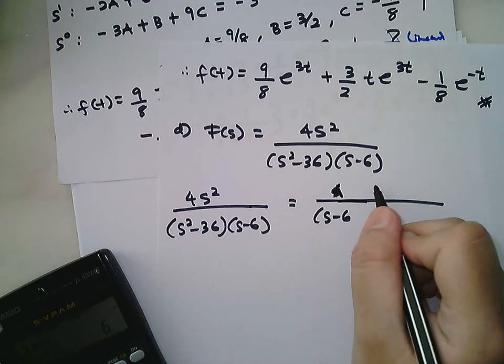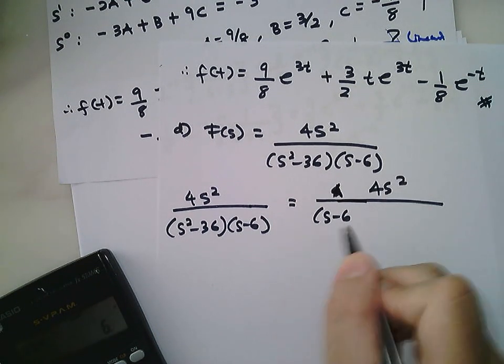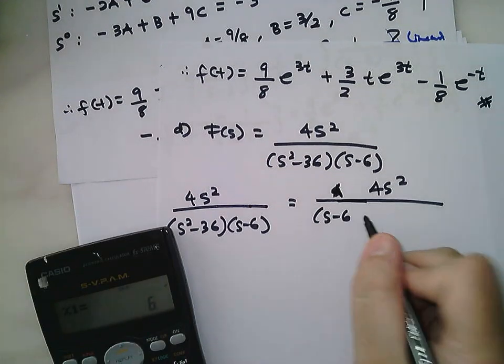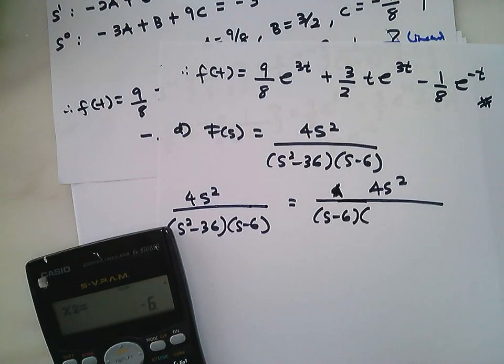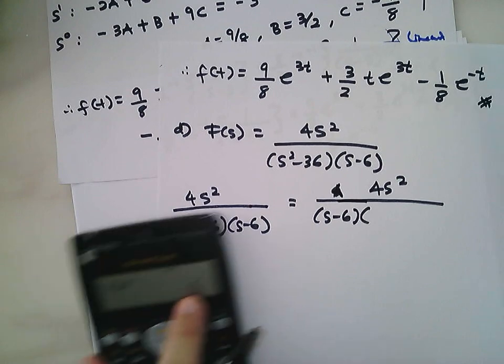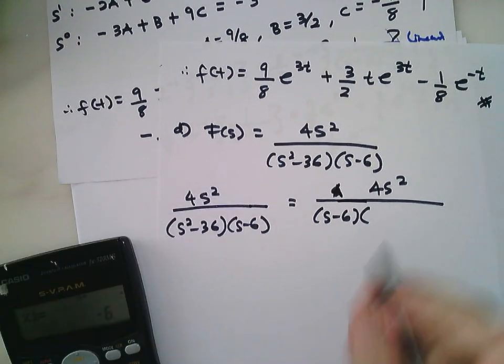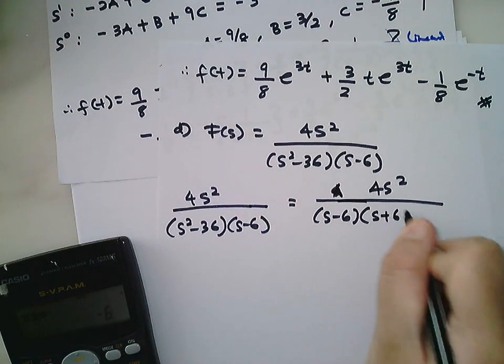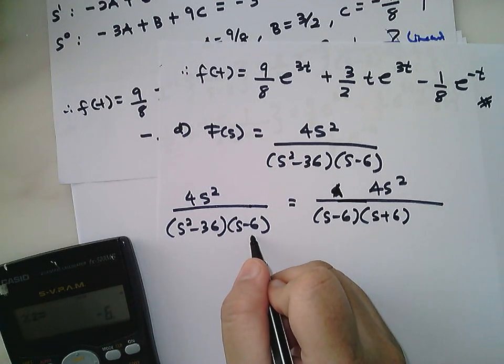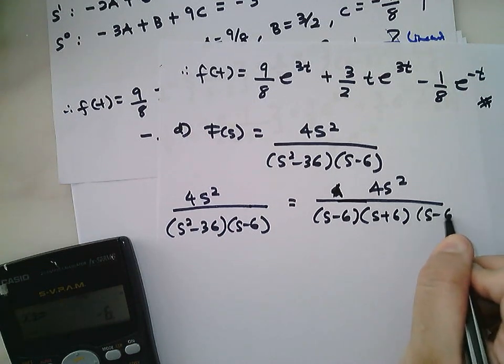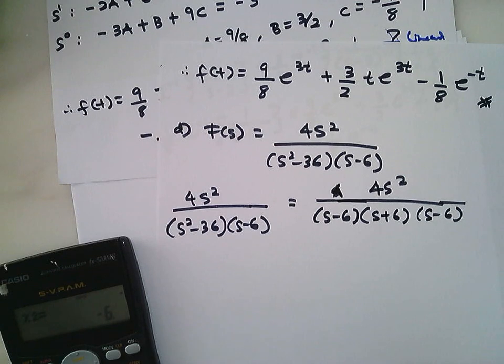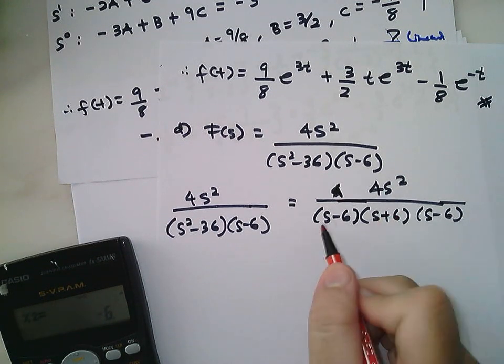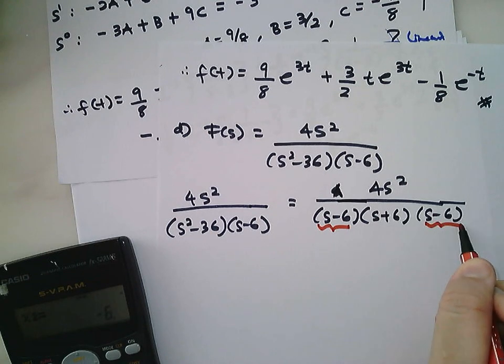You have 4s squared here, the first one is s minus 6, the second one you have the value of negative 6, so the factor will be s plus 6, and the last one here is s minus 6. As you can see here, you have the same term, this one and this one.